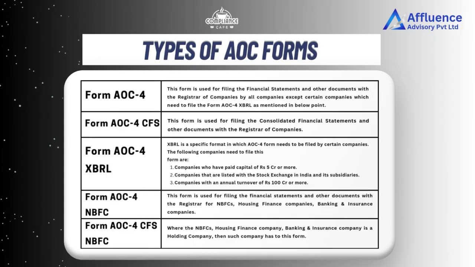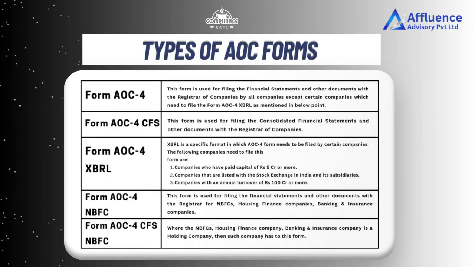Third one is Form AOC-4 XBRL, for filing financials in machine readable formats and MCA approved taxonomy, which applies to listed companies and their subsidiaries, companies with paid up capital of more than or equal to 5 crore or turnover of more than or equal to 100 crore, and companies notified by MCA to file Form AOC-4 XBRL.